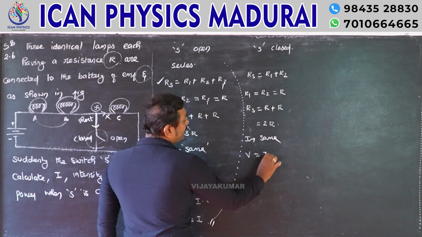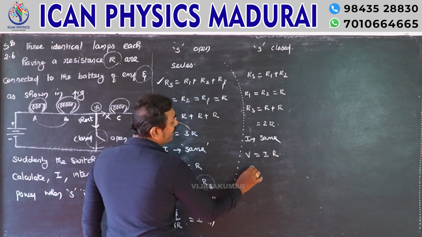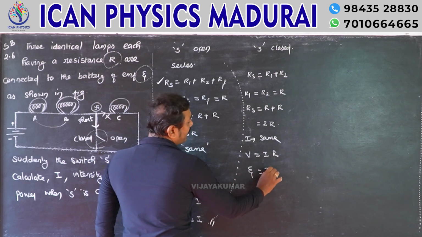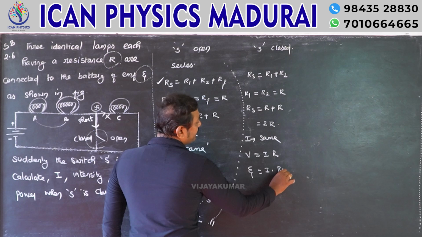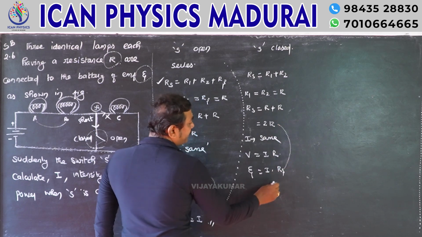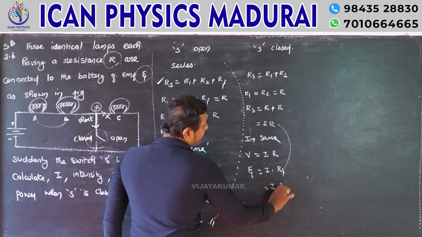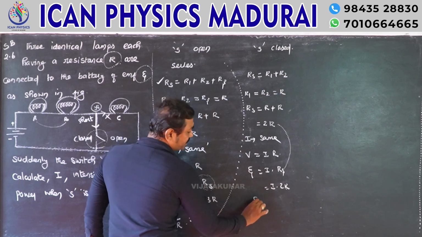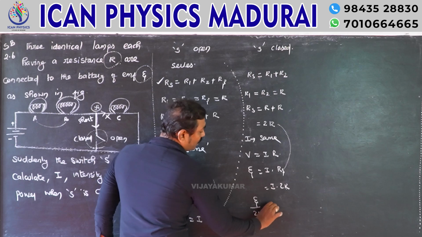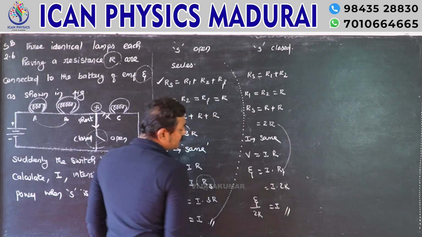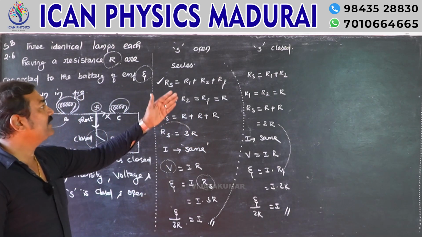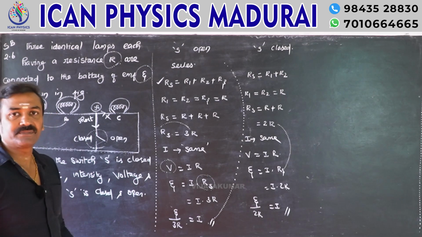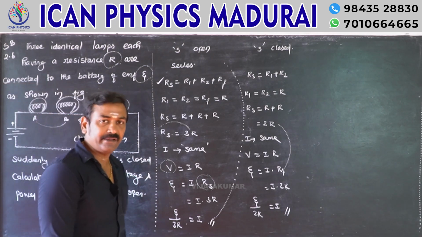V equal to IR, which we modify as psi equal to I into Rs. The value of Rs is 2R, so I into 2R. The multiplication by 2R comes to this side as division. So psi by 2R equal to I. This much ampere flows when S is closed. Do you get it now? Do you have any doubt?